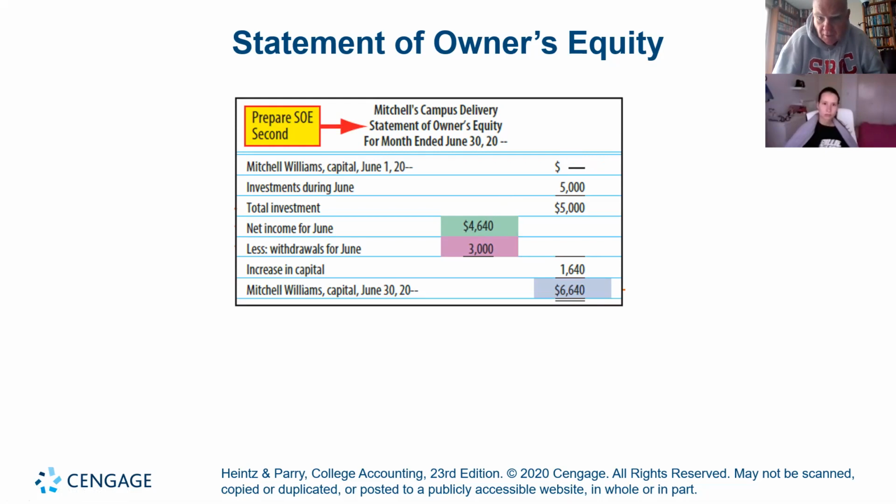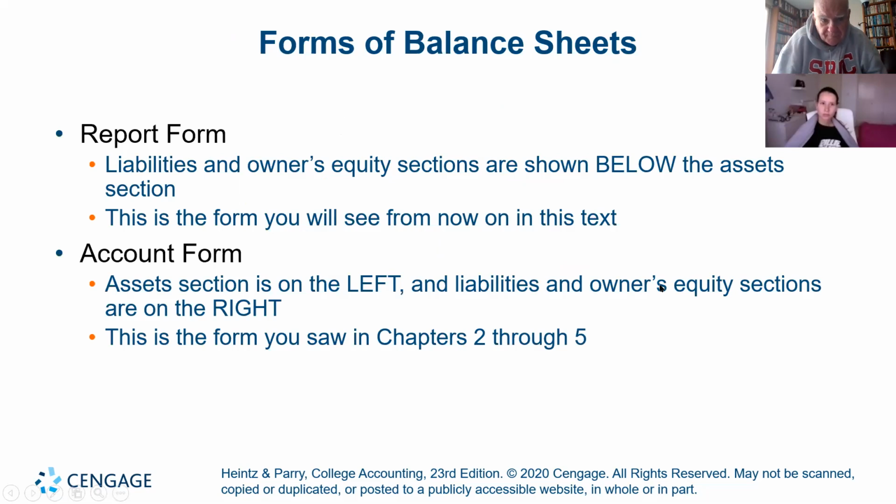Okay. All right, now we did the income statement first because we needed to get the net income for the statement. Now we can do the balance sheet once we get the new capital number. That's why you do them in that exact order. And we're going to show this thing. Liabilities are shown below, account form, assets on the left.